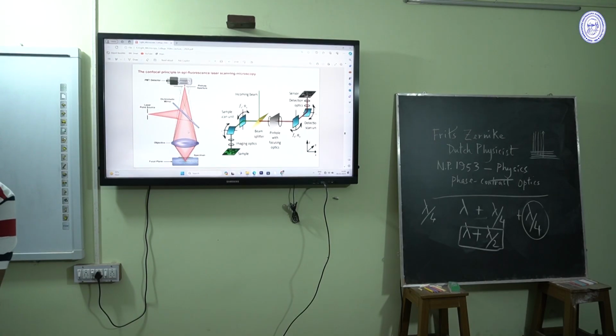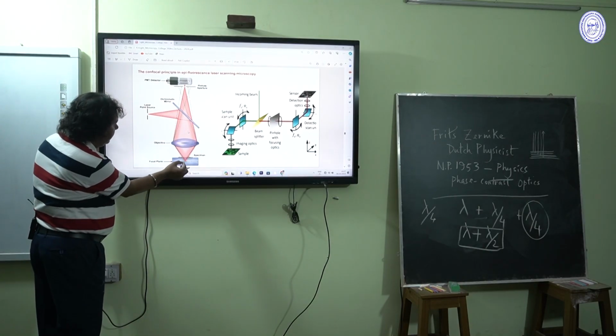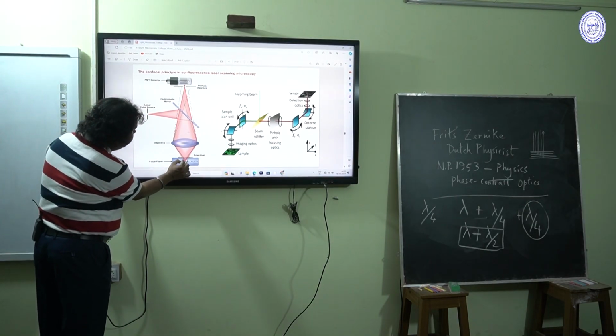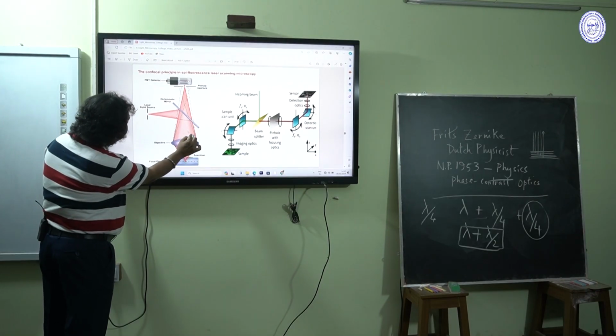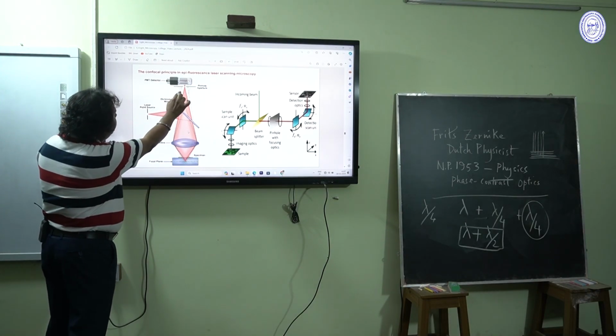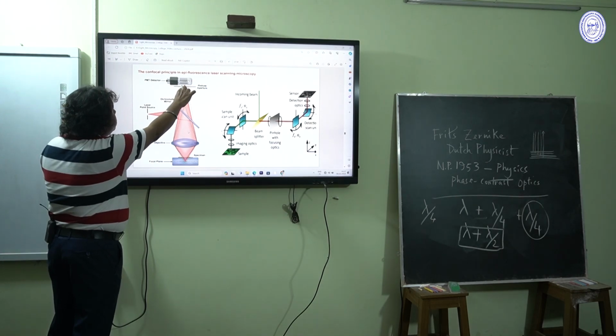This is the confocal principle of an epi-fluorescence laser scanning microscope. A confocal microscope that has a dichroic mirror is simply known as epi-fluorescence laser scanning microscopy. In simple terms, the confocal microscope is the advanced version of the fluorescent microscope. From the focal plane of the specimen, the red light forming a focal point at the pinhole is the only one passing.